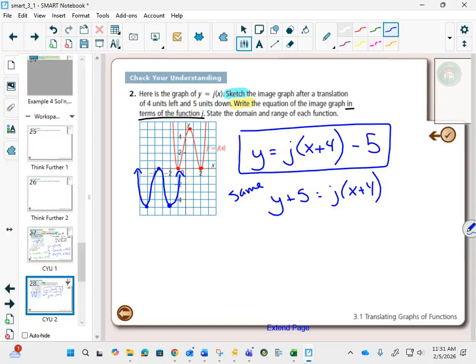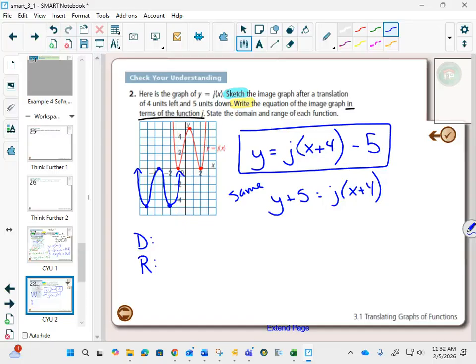Then it says state the domain and range of each function. So I'm going to do the domain of my blue one and its range, and it says each function, so that kind of implies that we have to do the red one as well. So working with arrowheads with domain and range, and again, starting with domain with the x values, is there a smallest x value?